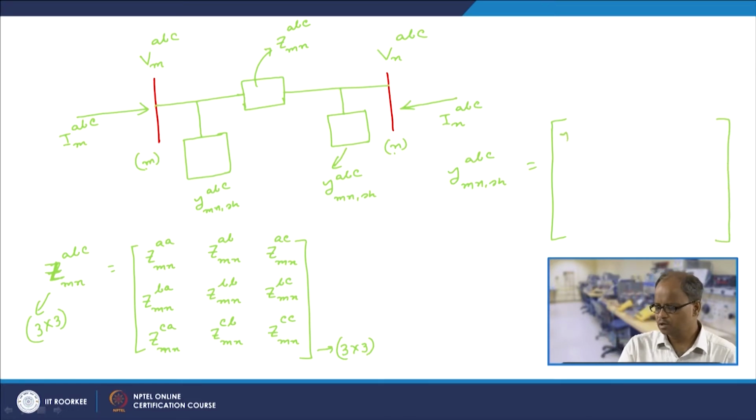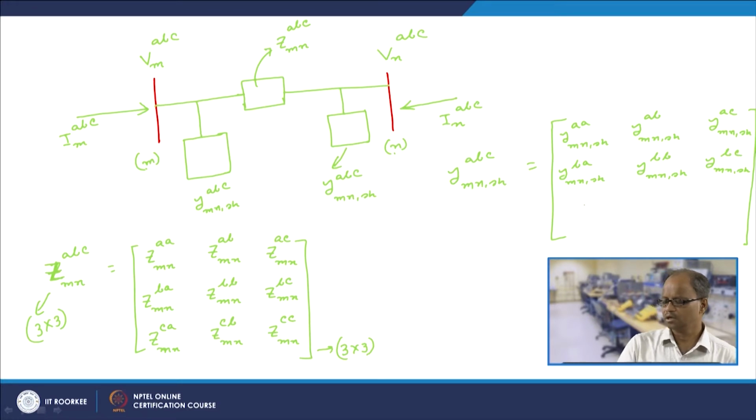So, we would write it as Y_MN,shunt^AA, Y_MN,shunt^AB, and then Y_MN,shunt^AC, then we have Y_MN,shunt^BA, Y_MN,shunt^BB, Y_MN,shunt^BC, and similarly Y_MN,shunt^CA, Y_MN,shunt^CB, and Y_MN,shunt^CC.